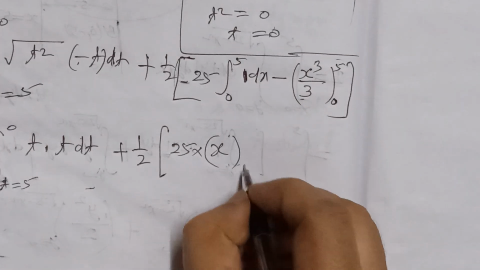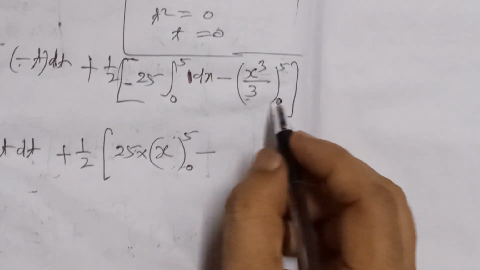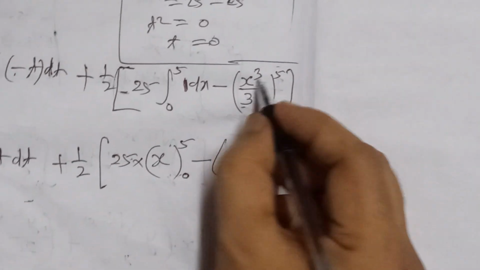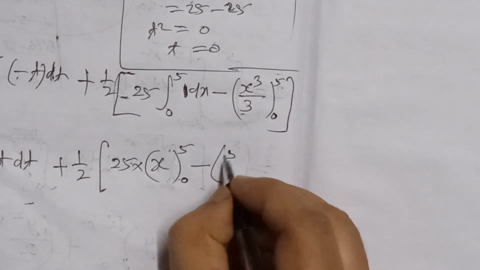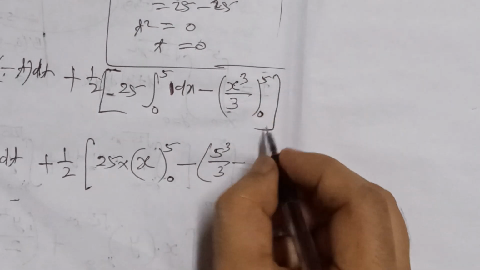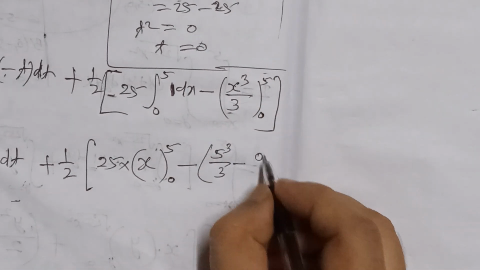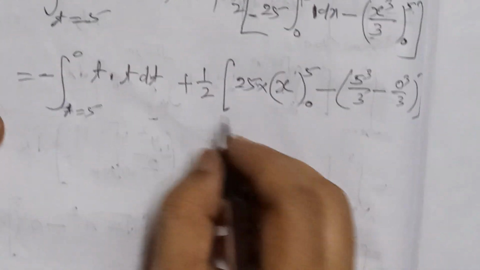The integration of 1 with respect to x is x, limit is 0 to 5, minus. You can apply the upper limit and lower limit. Put the value of x equal to 5 for the upper limit, and minus the lower limit for x equal to 0. I apply upper limit minus lower limit.